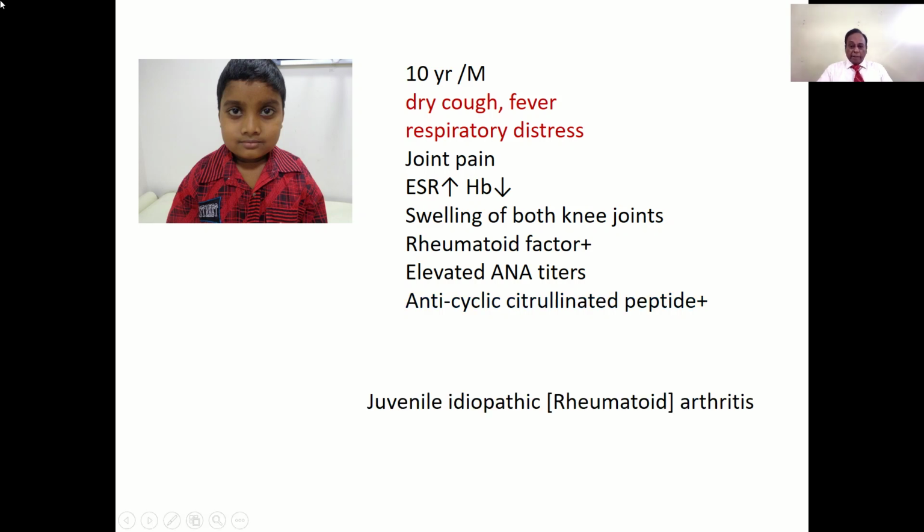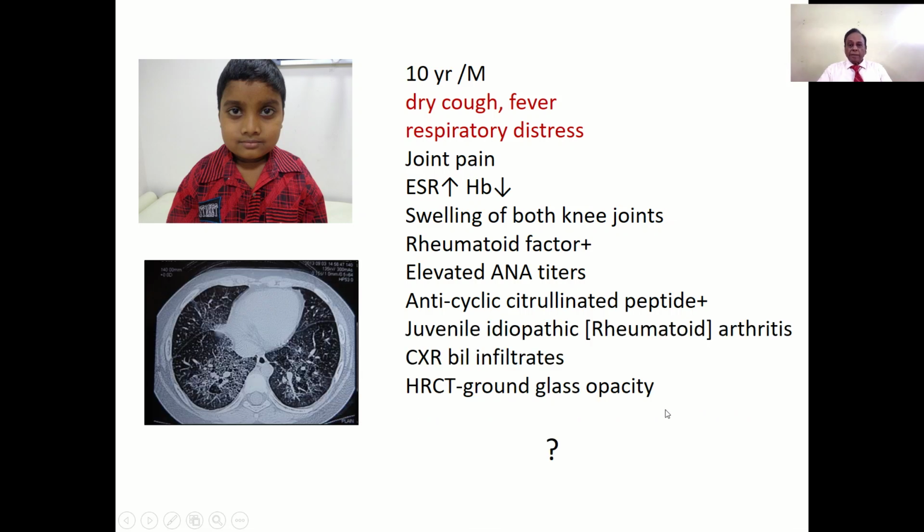Yes, it is juvenile idiopathic arthritis. Some time before, we called it juvenile rheumatoid arthritis; nowadays we call it juvenile idiopathic arthritis. This child is also developing some sort of lung problem, with continuous cough and respiratory distress, and his CT shows bilateral infiltrates, highly suggestive of ground glass.